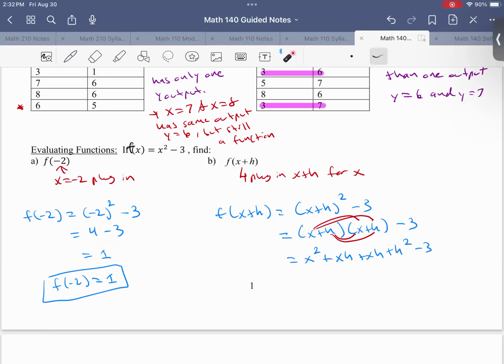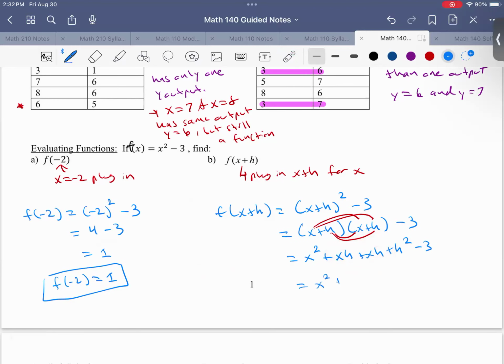Then we simplify like terms, the two xh terms. There's really nothing else we can do after that, and that would be our answer.